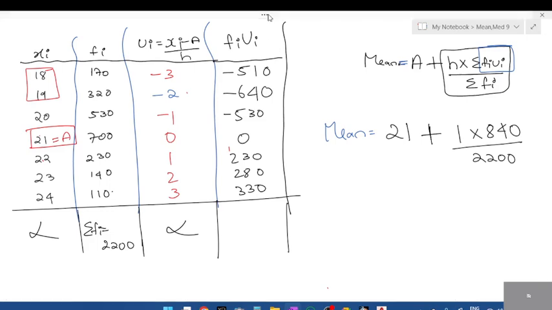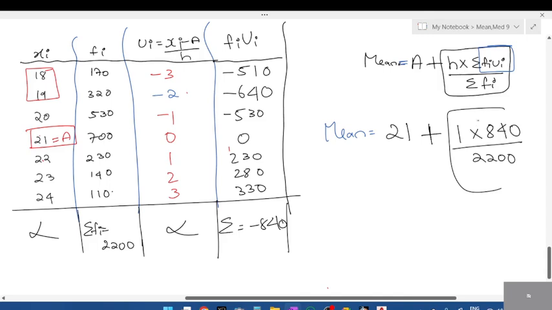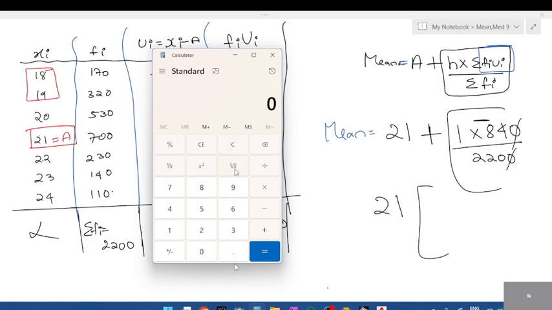What about the steps? All of you understood how to write the formula steps? Everything clear? Now here, minus 840, students. So 21. When you reduce it, what do you get? 840 divided by 2200. Later you all can reduce. Look here. 840 divided by 2200. What's the answer?